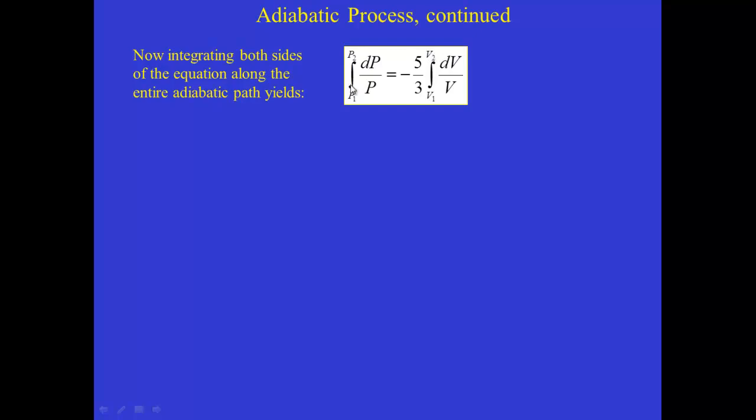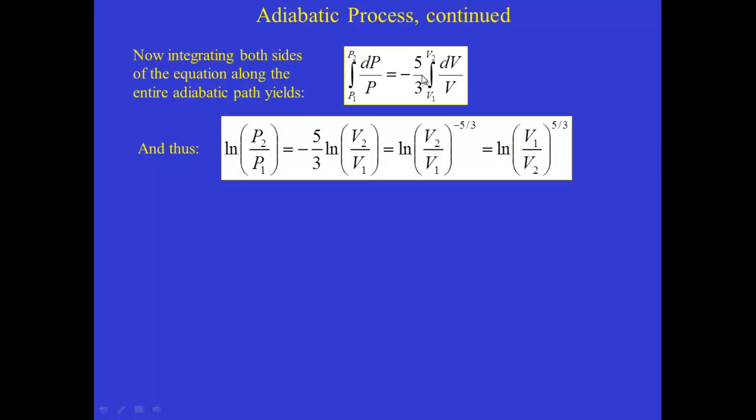So if those two sides of the equation are equal, we can also add them up, and we can integrate along that path. Because as long as we're starting and ending at the same point on the PV diagram, then these two sides are still equal. So what that does, you'll recognize from integral calculus that the integral of dP over P is the natural log of P.